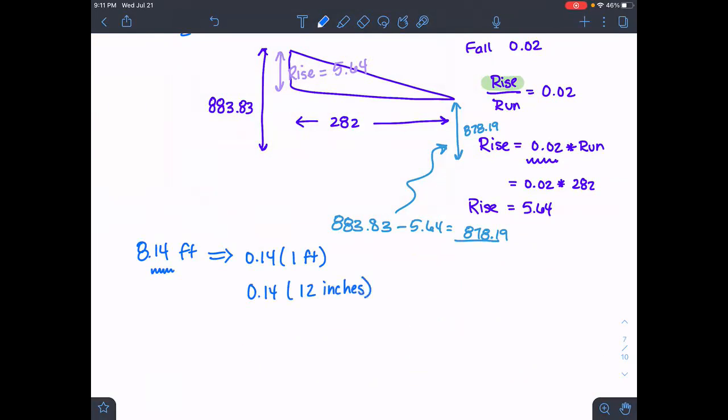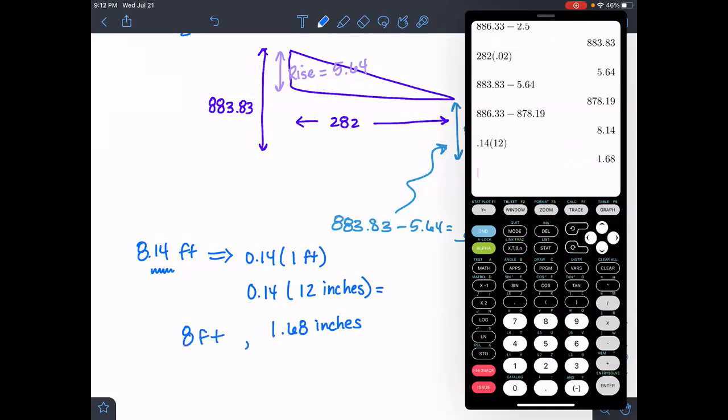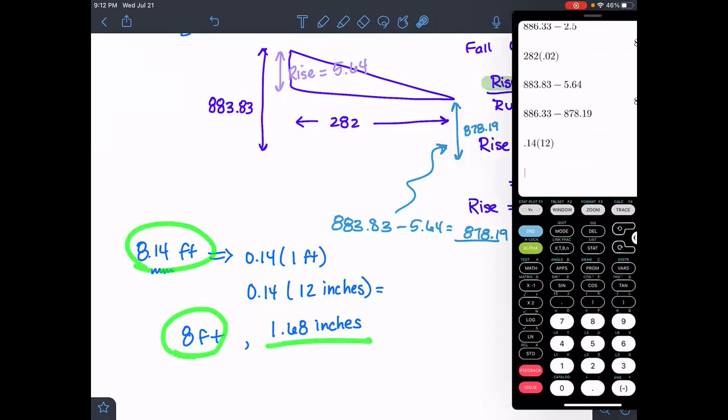So 14% of 12 inches gets me 1.68 inches. So 8.14 feet is actually 8 feet and 1.68 inches.